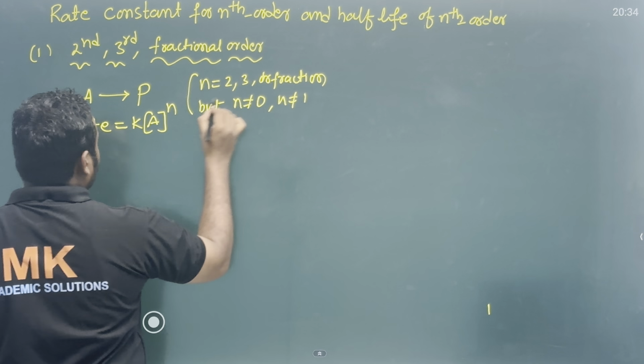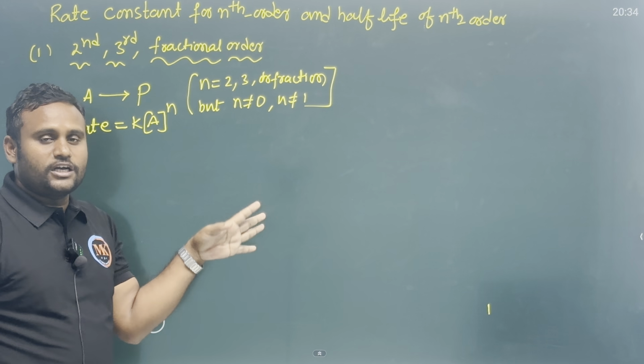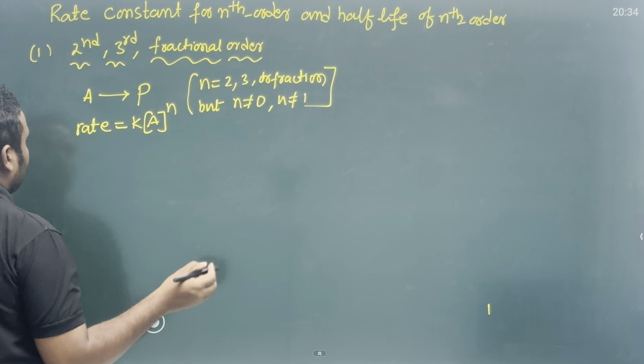This is a very important thing you need to keep in mind. This nth order rate constant is not applicable for the zero order reaction and first order reaction.